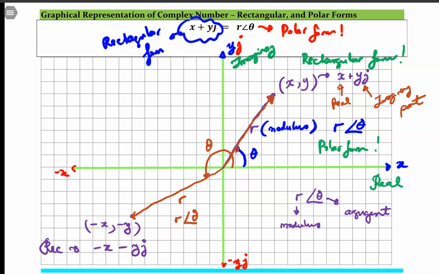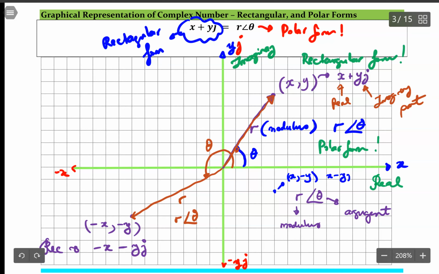I'm going to pick another point on this graph, and let's choose another color. I pick this point right here. Again, I will identify my rectangular form as x and negative y, so the rectangular form in this case would be x minus yj, because I am in the negative part of j.